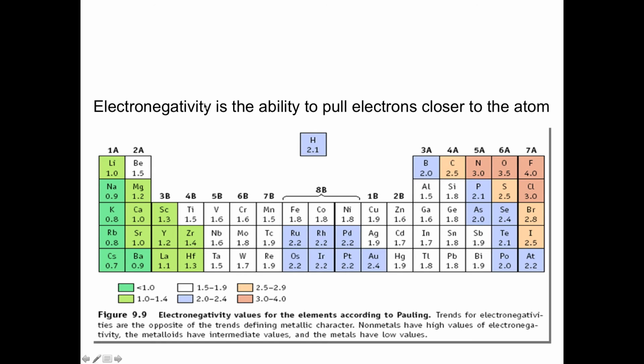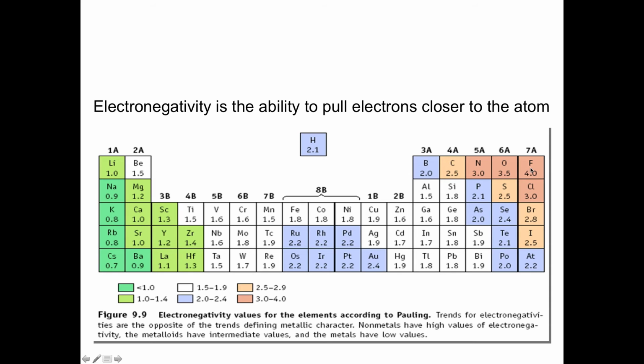But electronegativity is the ability to pull electrons closer to an atom. So the higher electronegativity you have, the greater strength you have, the ability to pull an electron closer to you. If you think of electronegativity as a tug of war, fluorine is the top dog.